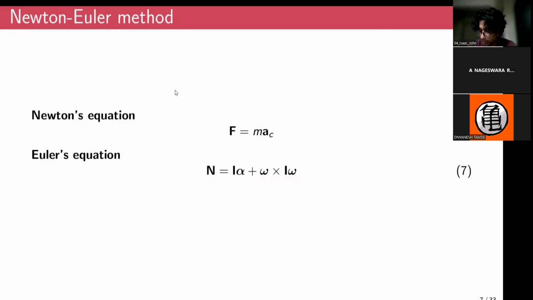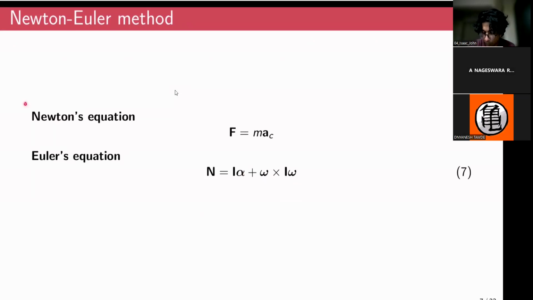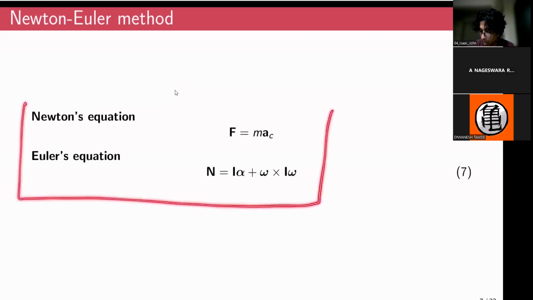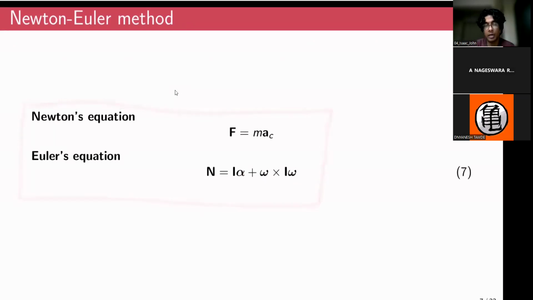But this term only corresponds to the rate of change of angular velocities. So we will see how we can propagate Newton's equation and Euler's equation so that the forces at relevant points of robotic manipulators can be determined.